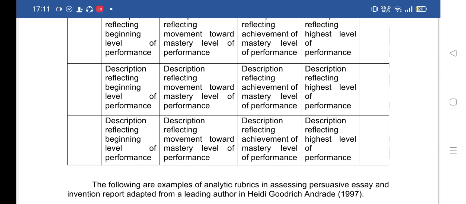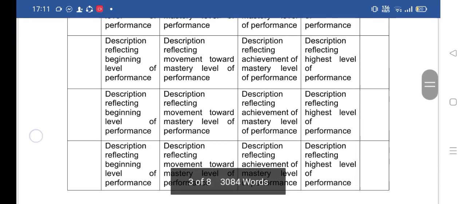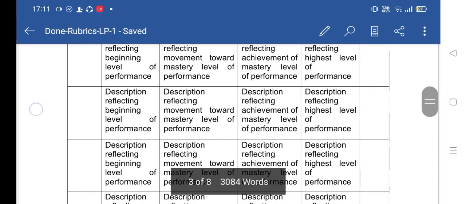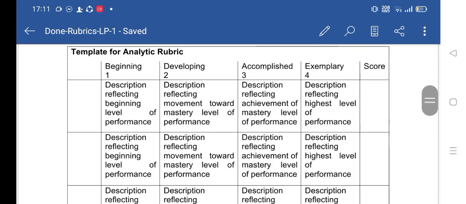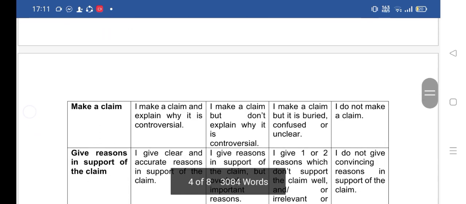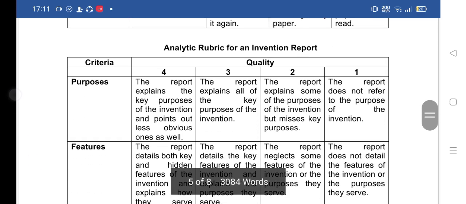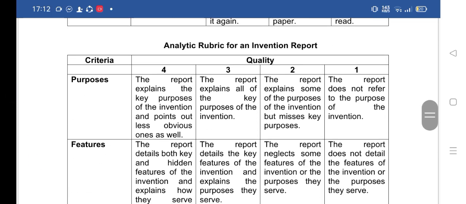The next is the analytic rubric for an invention report. Okay, so this is the example of analytic rubric for an invention report.